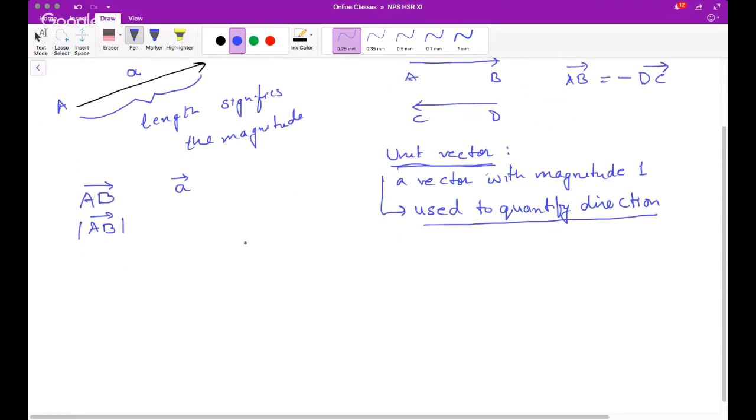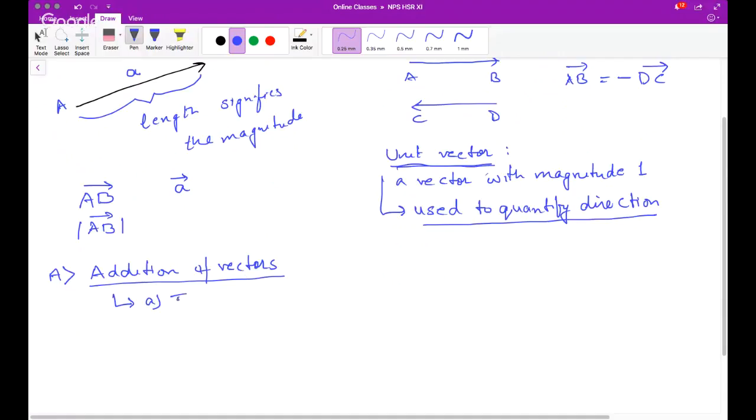Now, if you remember, we then went on to doing some operations on vectors. The first operation was addition of vectors. What does addition of vectors mean? Here we learned two laws basically.